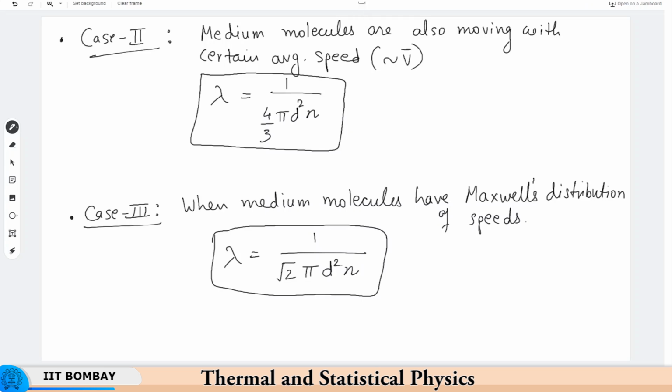So, before we end, we can do one final thing which is the distribution of mean free path, or distribution of free path. Okay, so remember the picture that I drew before.